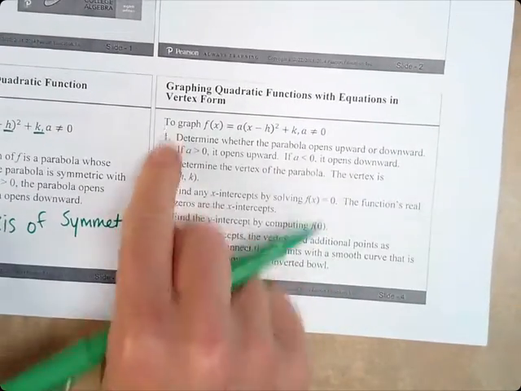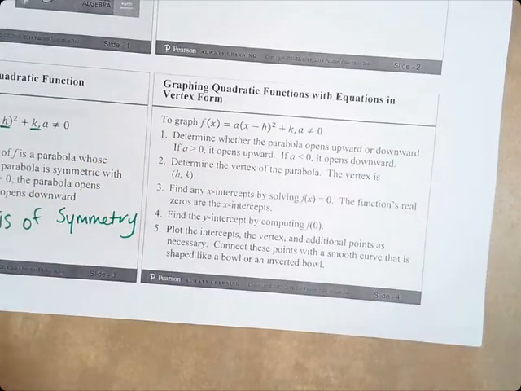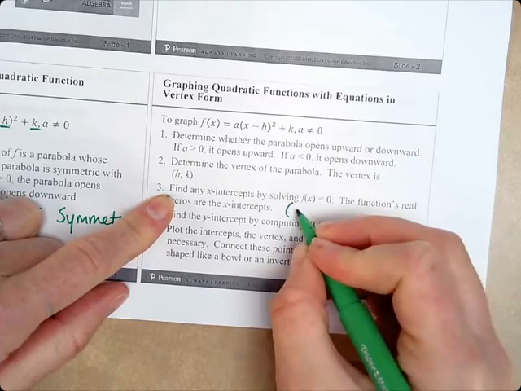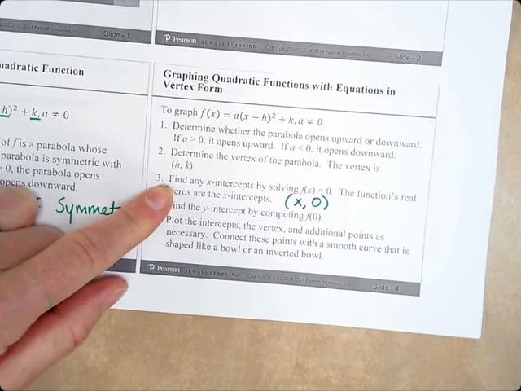Okay, so we are going to go through all of these steps with an example. You'll first determine, does it open upward or downward? Find your vertex. Find the intercepts. For the x-intercept, you'll have a number for x and a 0 for y. You could have one x-intercept, two x-intercepts, or no x-intercepts.